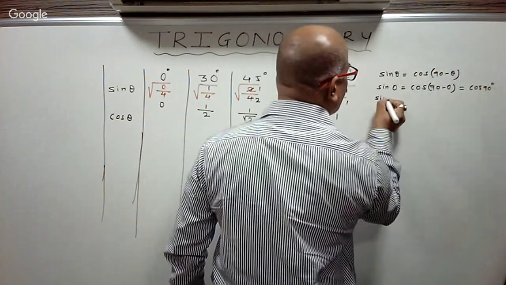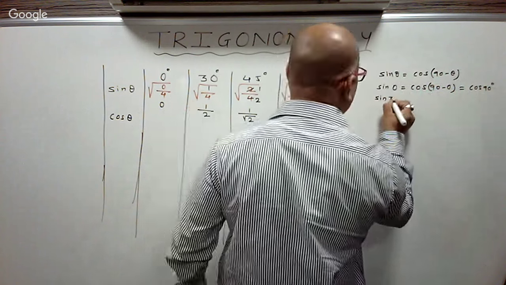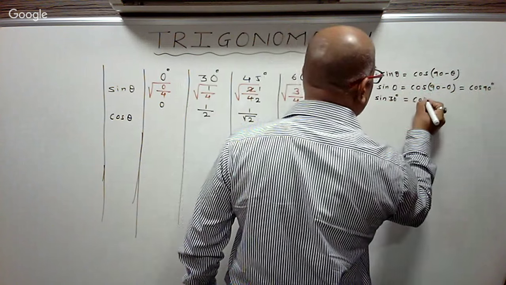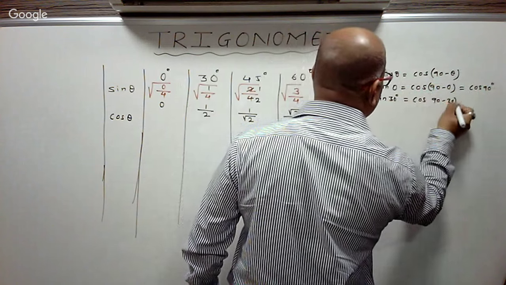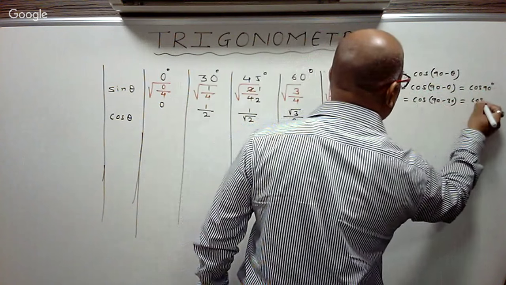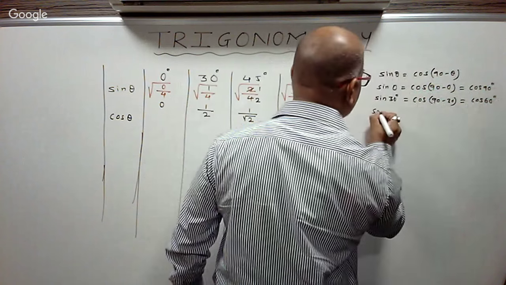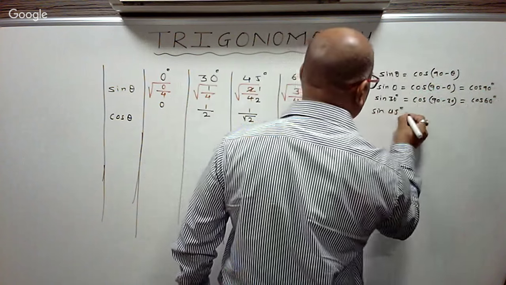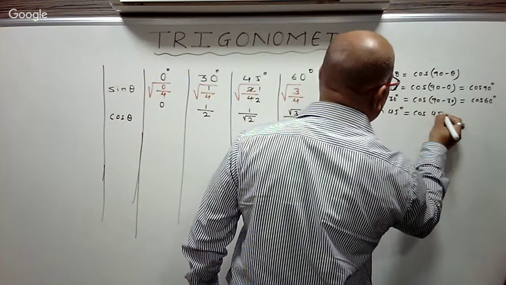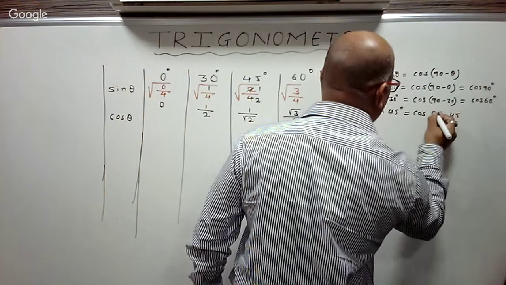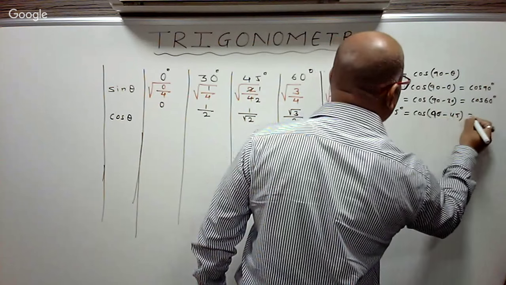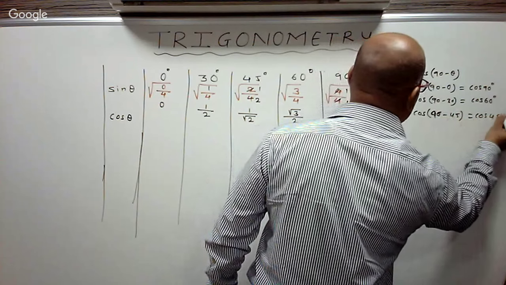Then sin 30 degree equals cos 90 minus 30, that is cos 60 degree. Sin 45 degree equals cos 90 minus 45, that is cos 45 degree.